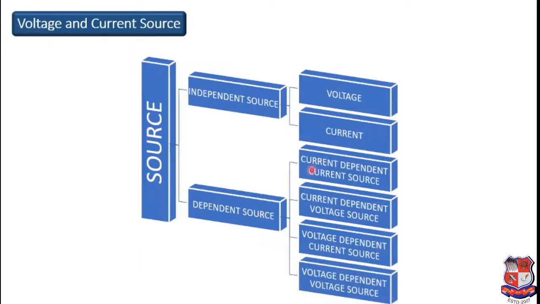So it means these are the four combinations which are possible, and we will be studying this in the next slide, that what is this current dependent current source, what is this current dependent voltage source. So the name itself suggests that the last two words define the type of source, current source or voltage source. The first two terms define the dependent quantity.